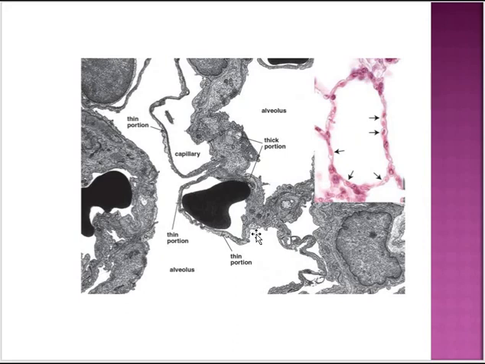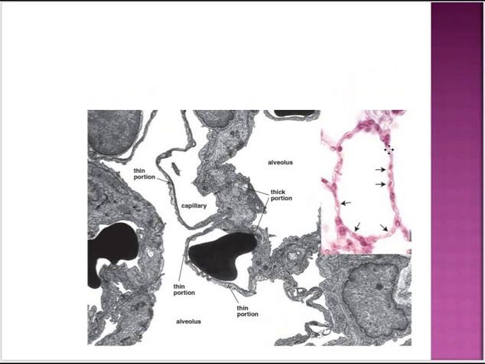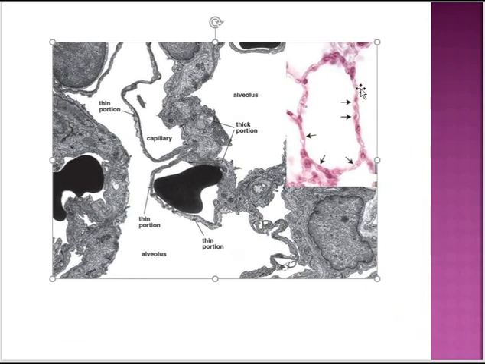So now let's look at these illustrations. Here is the electron micrograph representation of the alveolar wall of the alveoli. Here in the wall we can see the blood capillary. And here we can see the portion of the alveolus which is in close contact with the capillary wall. And here, by high magnification of the light microscope, you can see the wall of the alveolus, and its wall contains blood capillaries.